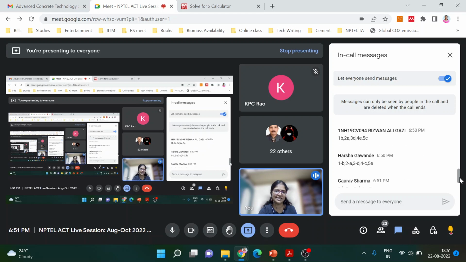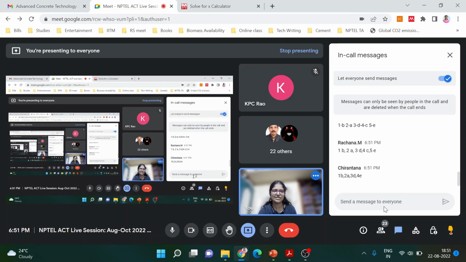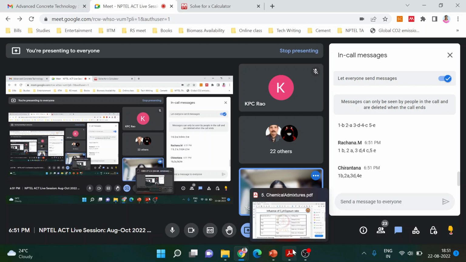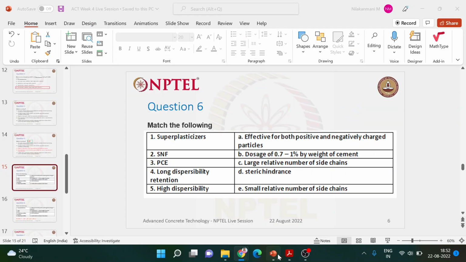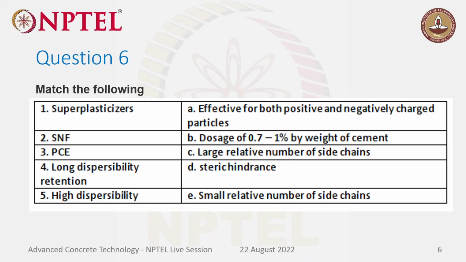Okay, the answers from 5 to 6 people in the class. Let's see the right answer. Most of you have given the right answer. That's good. So let's see the explanation part.